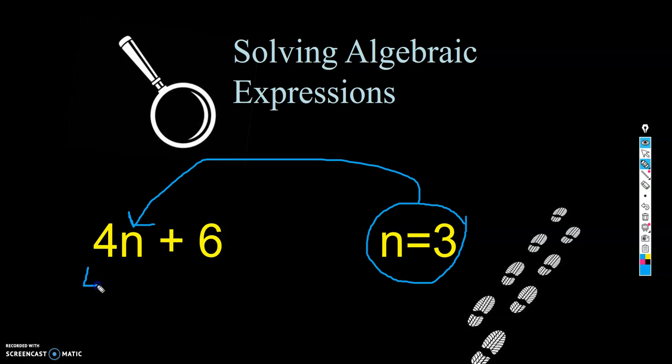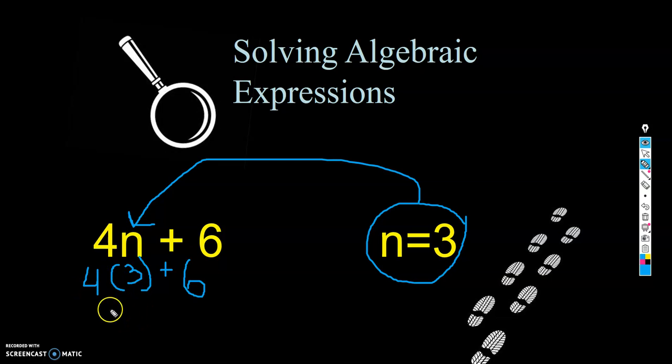So I am going to rewrite this like this: 4 times 3, plus 6. So again, if I have a 4n or a 4x or a 4w, whatever it is, it's 4 times whatever that variable is. That's super important that we remember that.